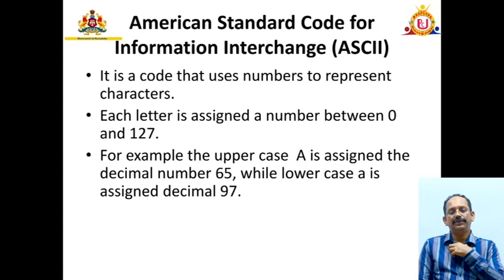So what is the difference between 7-bit ASCII and 8-bit ASCII? 7-bit ASCII has 128 codes. 8-bit ASCII has 256 codes. So, ASCII is an alphanumeric computer code.